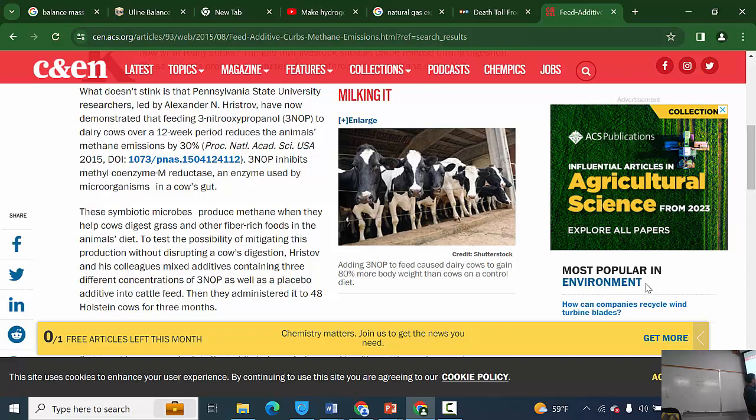And so, mixed additives containing 3 different concentrations of 3-NOP as well as a placebo additive when they administer. So, it's pretty interesting how they're trying to look at this. And so, this is, I thought, pretty creative. Rather than banning the cows, they're trying to figure out ways to reduce emissions.